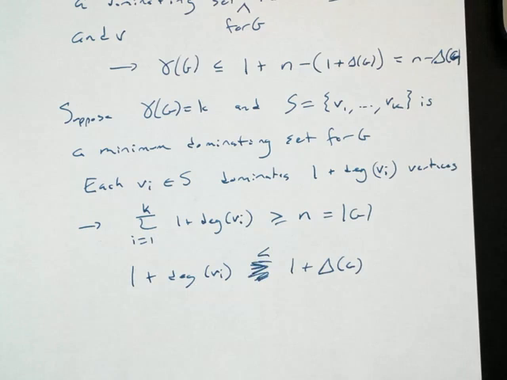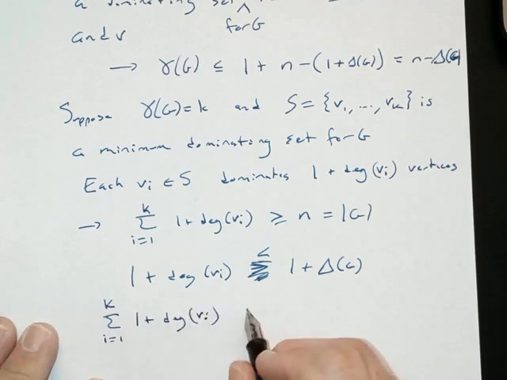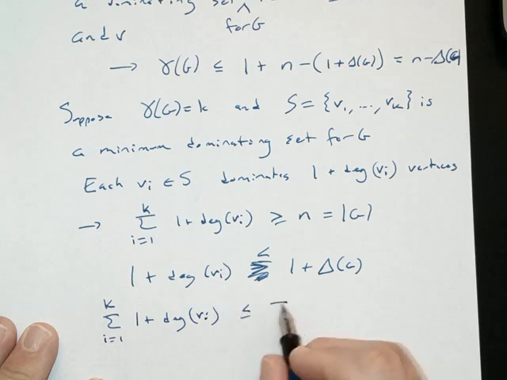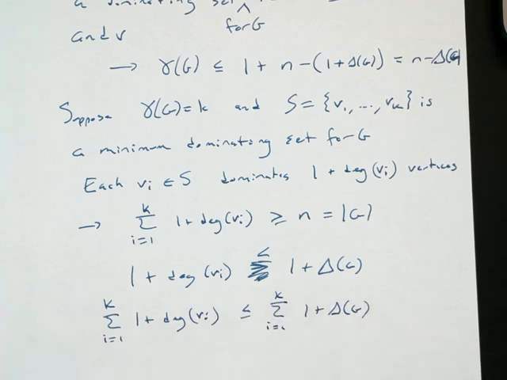Wait a second. This sentence is true for all vertices v_i. So it's true for the sum. But then the thing on the right, I'm summing a constant.